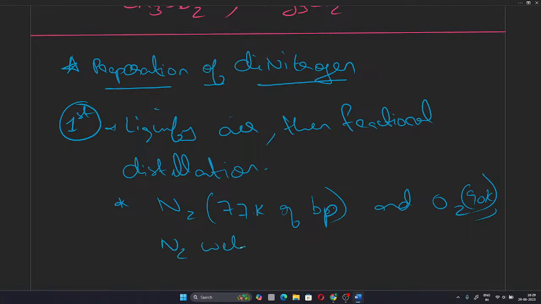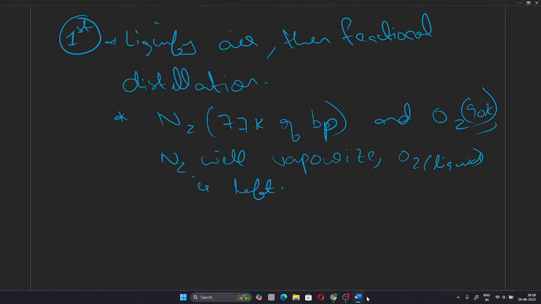Nitrogen will evaporate or vaporize, whereas O2 is left. This is the first method of preparation, the industrial method, which is large scale preparation.